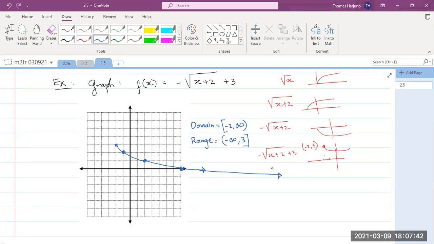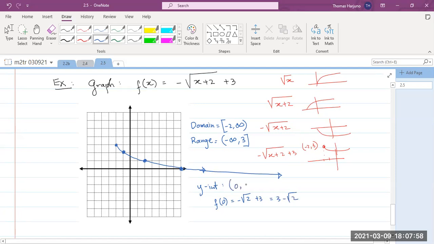Okay. Furthermore, how about the y-intercept? So we see what is f(0). f(0) is -√2 plus 3, or we can write 3 minus √2. So the y-intercept is (0, 3 minus √2).